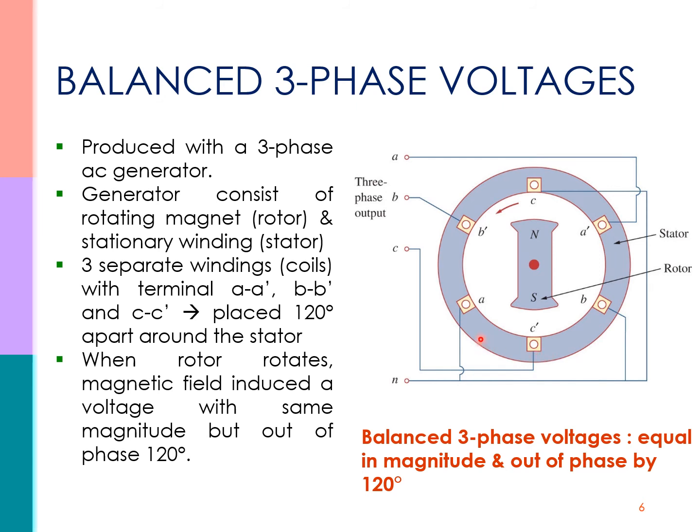This rotor will rotate, and when it rotates, the magnetic field will induce voltages of the same magnitude but out of phase by 120 degrees. Since each coil can be regarded as a single phase generator by itself, the three-phase generator can supply power to both single phase and three-phase loads.